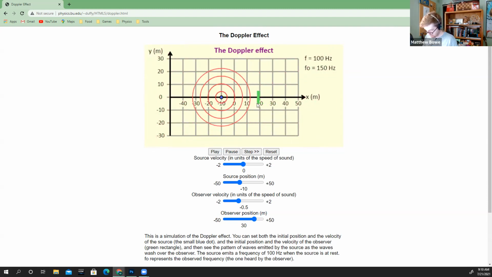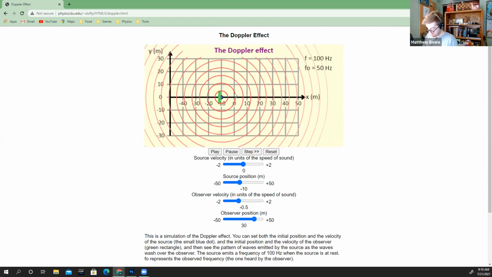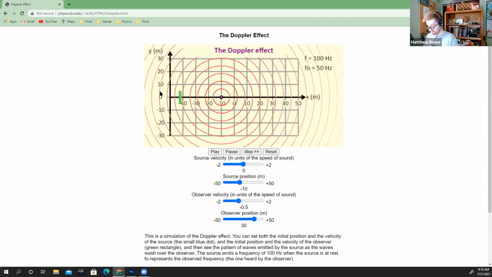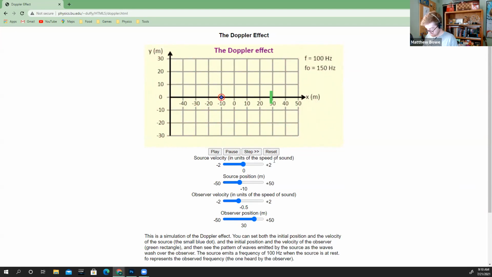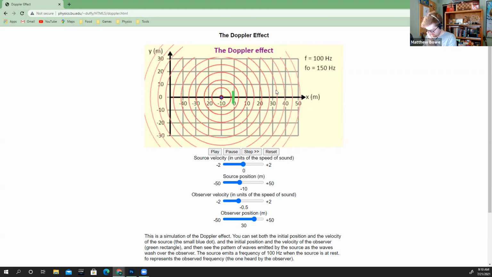Reset. There we go. So as it's moving towards on one side, it was a higher frequency. As it passes on the other side, it moves to a lower frequency. Set one more time. So high frequency and low frequency.